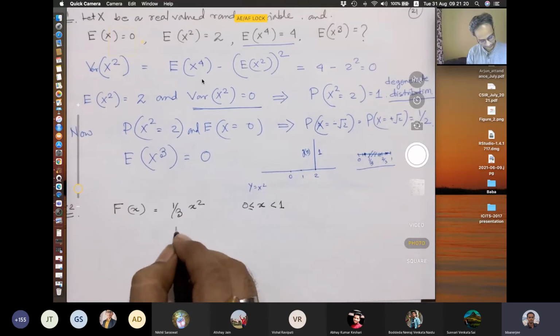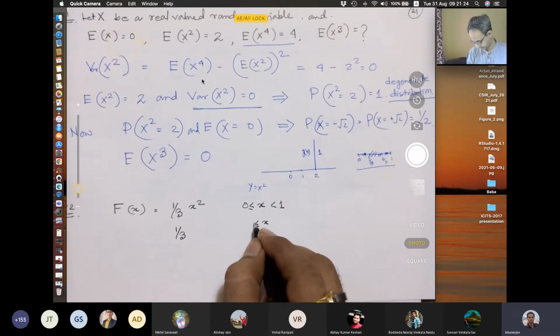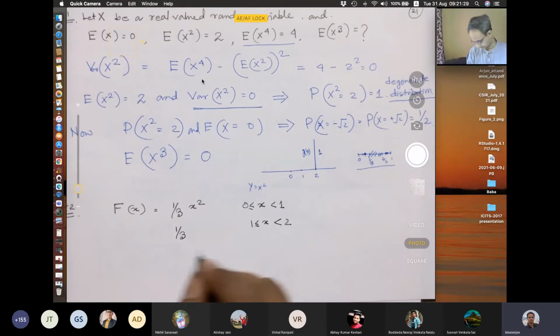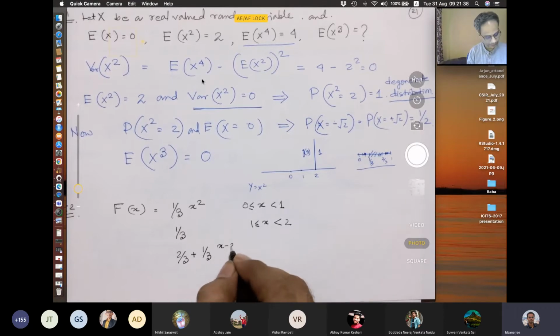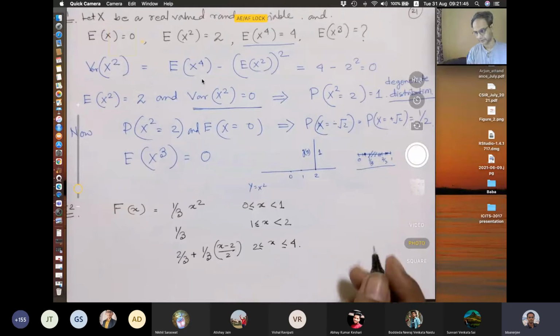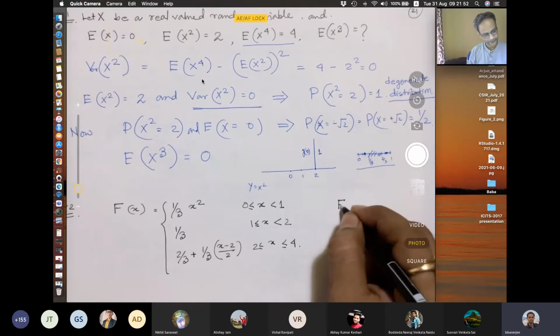It is 1/3 if x is greater than or equal to 1 and strictly less than 2, and it is 2/3 plus 1/3 (x minus 2)/2 when x is greater than or equal to 2 and less than or equal to 4. If this is the structure of the CDF, can you please tell me what is the expectation of x?